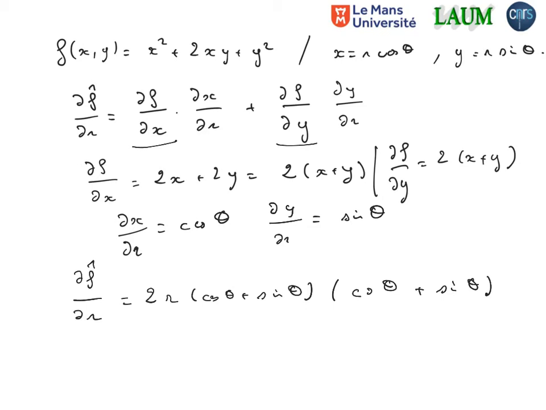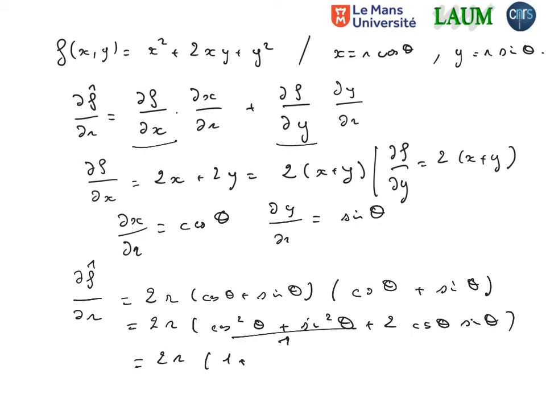So here I see that this is a perfect square, and then this is equal to 2r times cosine squared plus sine squared plus 2 cosine theta sine of theta, and this is 1, and then this is equal to 2r times 1 plus 2 cosine theta sine of theta.